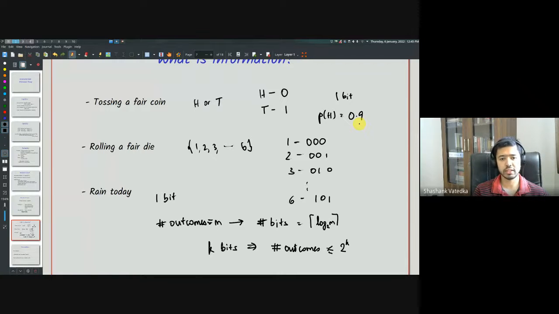So do you think you're getting the same amount of information? I toss the coin, and then I tell you the outcome, right? So how much information do you think you're getting? Again, going by this very intuitive notion, do you think you've got 1 bit of information or something slightly less than 1 bit of information? What do you think?